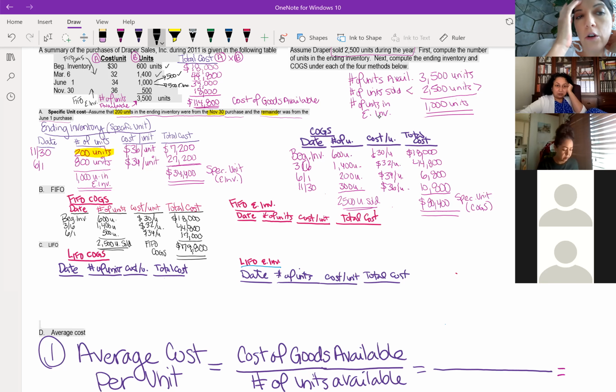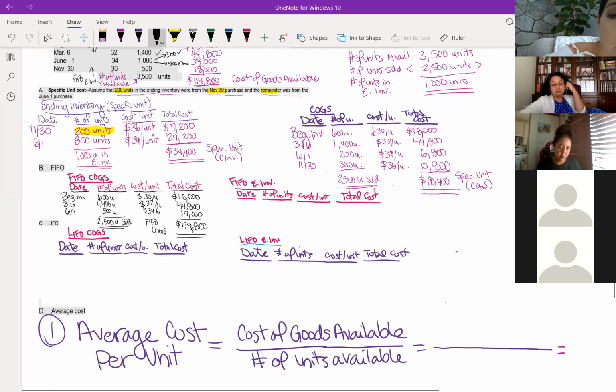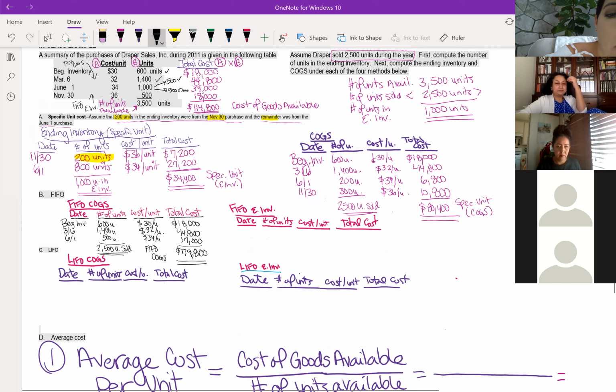Yep. So we're going to go the opposite direction. The newest purchases are left over. So November 30th, you purchased a total of 500 units at $36 per unit, and you're going to have $18,000 from that layer sitting in ending inventory.